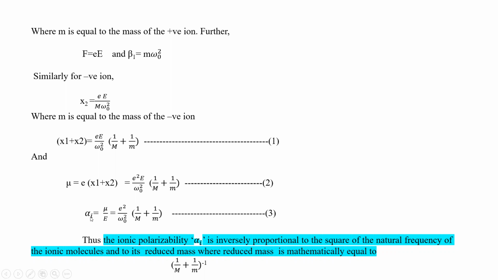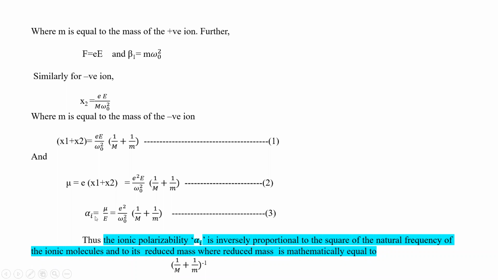Therefore, alpha i will be denoting that, relating that the induced dipole moment is nothing but alpha i into E. Therefore, alpha i equal to mu by E. mu வந்து இருக்கு, E ஆல divide பண்ணும்போது E cancel ஆயிருது. Therefore, e squared by omega naught squared into 1 by capital M plus 1 by small m. Okay. Therefore, this value denotes the ionic polarizability of the ionic molecule.